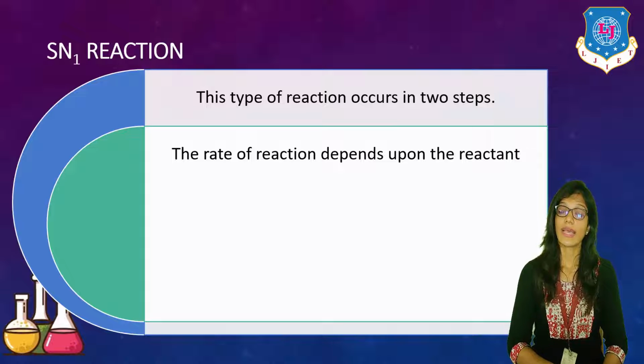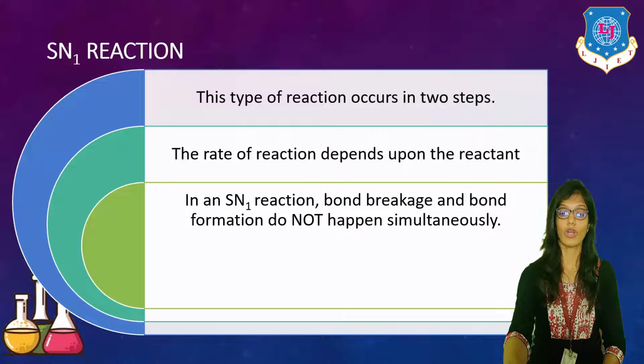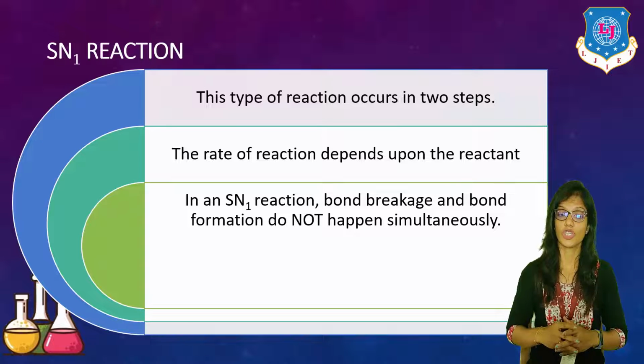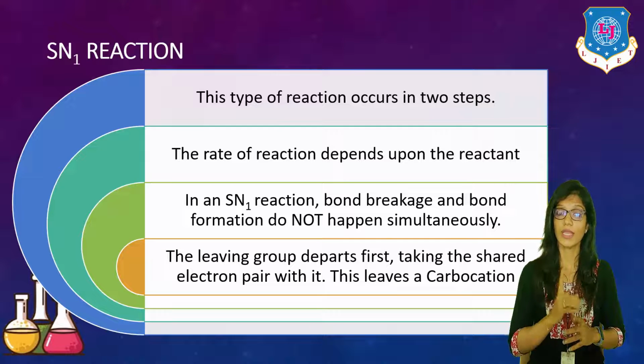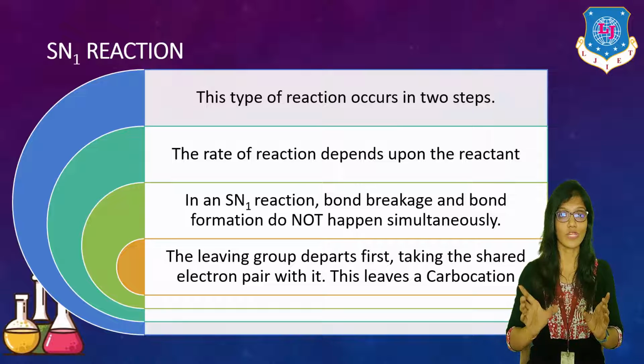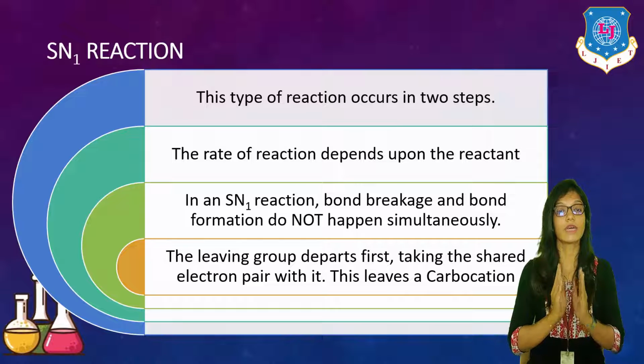So in an SN1 reaction, the bond breakage and bond formation do not happen simultaneously. In an SN2 reaction, what will happen? The bond breakage and bond formation occur simultaneously. The formation of transition complex is done there. Here, it will not be like that.